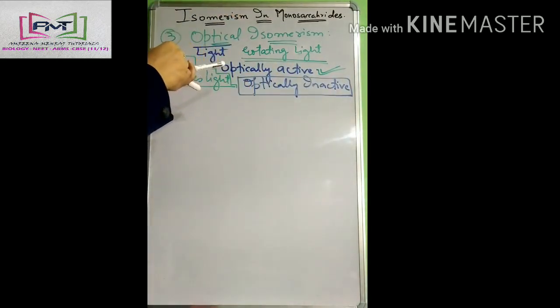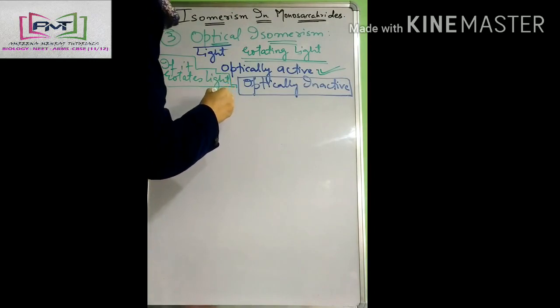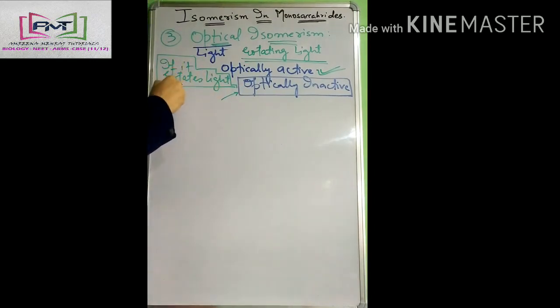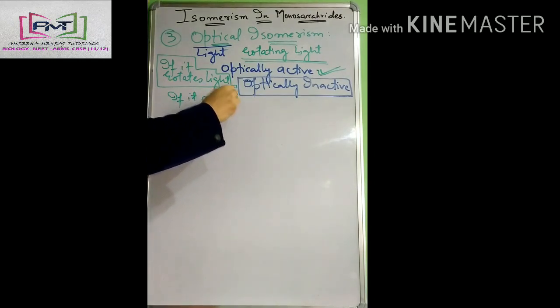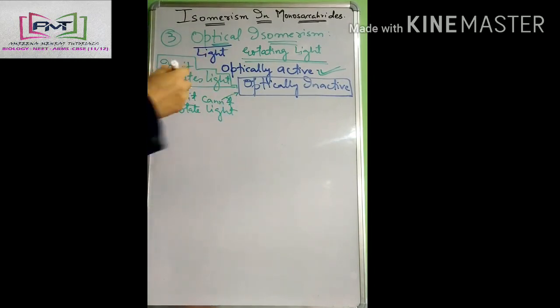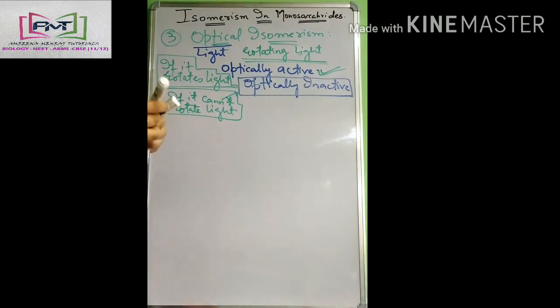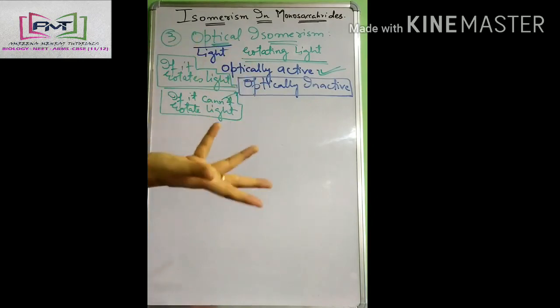So what is the condition for a saccharide to be optically inactive? It will not be able to rotate light. If it cannot rotate light, then we will say that the sugar or isomer is optically inactive. This is very basic, okay?